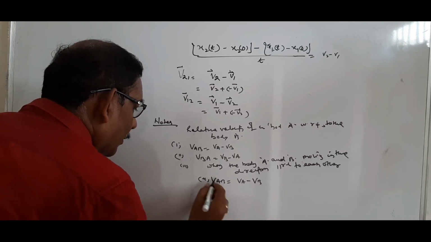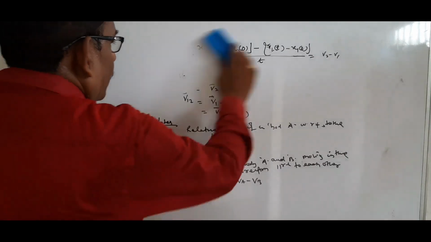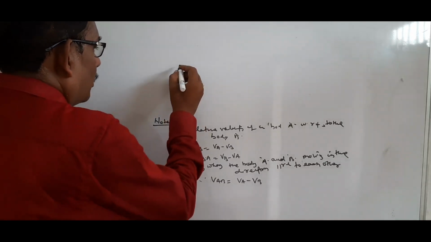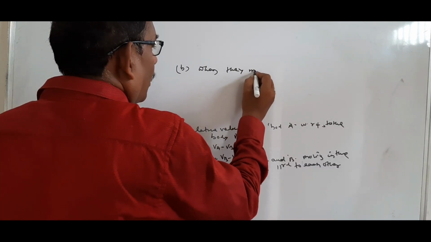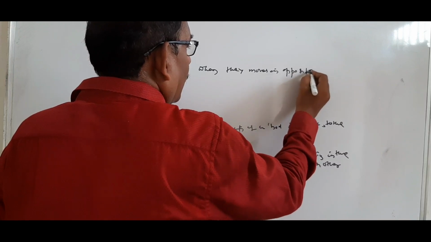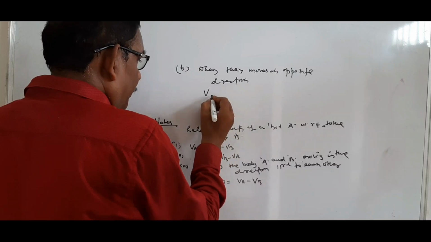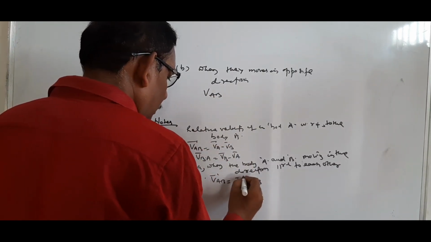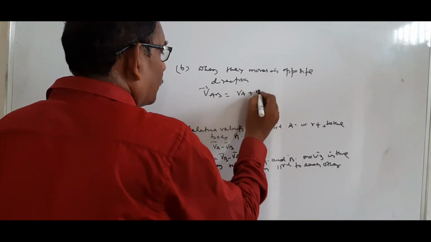And when they move in opposite directions, vAB is vA plus vB.